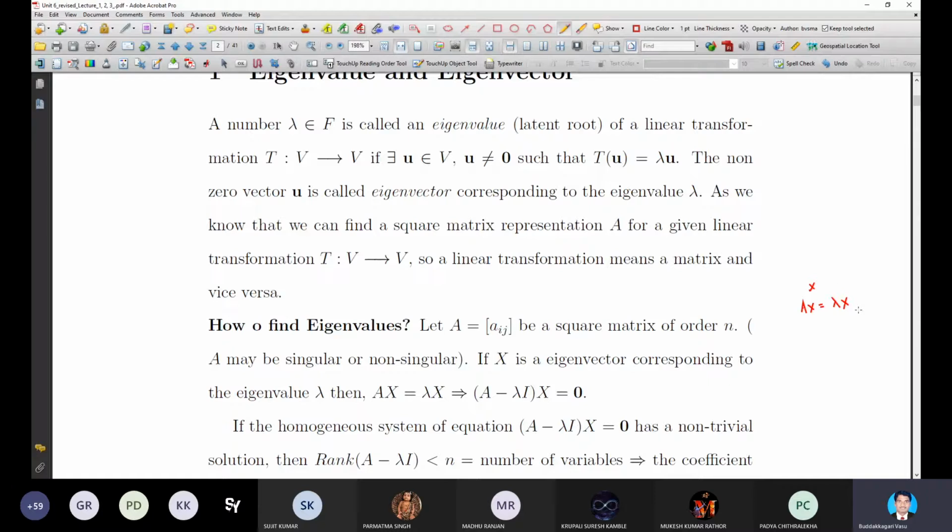Lambda is called the eigenvalue and x is called the eigenvector.